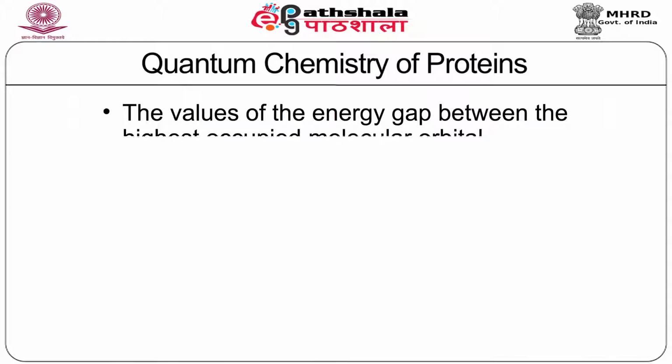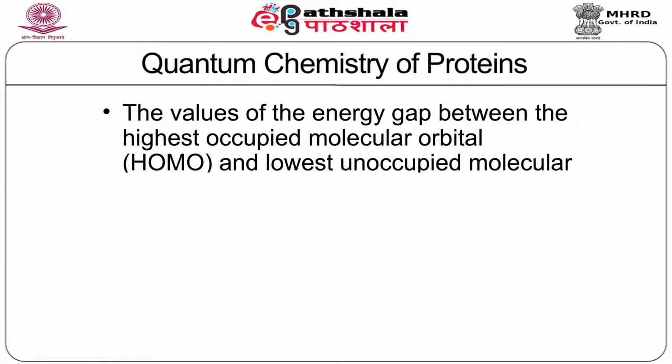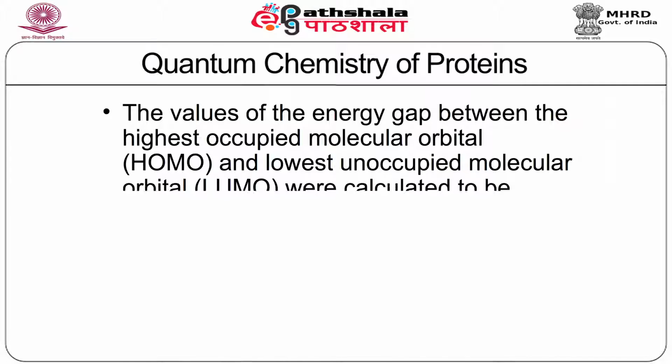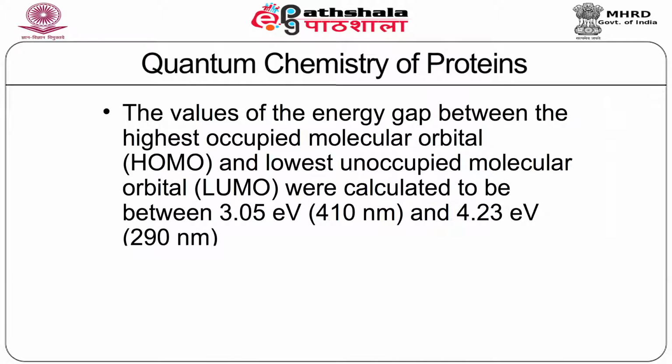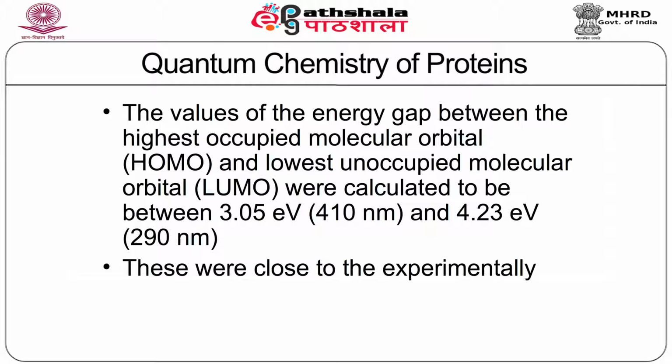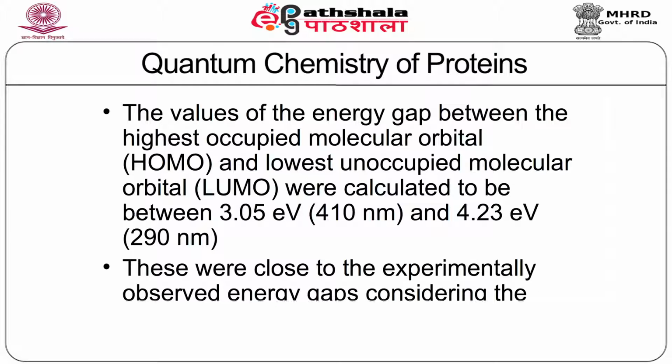The values of the energy gap between the highest occupied molecular orbital or HOMO and the lowest unoccupied molecular orbital or the LUMO were calculated to be between 3.05 electron volt, that is 410 nanometer, and 4.23 electron volt, that is 290 nanometer. These were close to the experimentally observed energy gaps considering the approximations used.